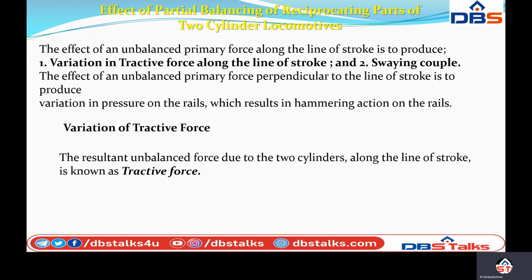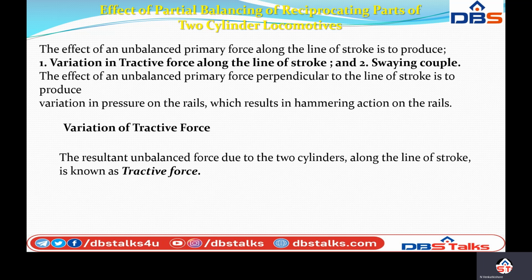The unbalanced force perpendicular to the line of stroke produces variation in the pressure on the rails, which results in a hammering action on the rail. So perpendicular causes hammering, and along the line of stroke causes variation in tractive force and swaying couple.